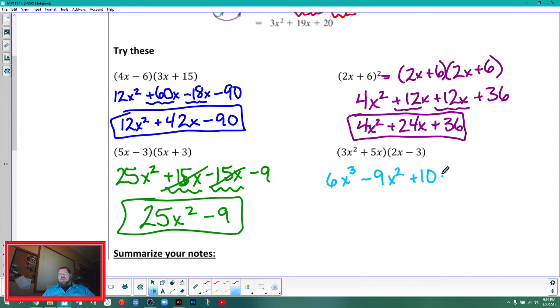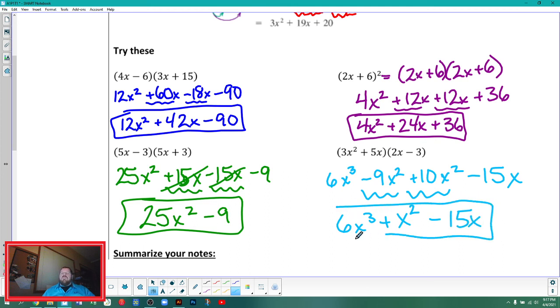X times x is x squared. And last, 5 times negative 3 is negative 15. And there's an x on that one. My inside two terms do combine. My outside terms stay there. Negative 9 and positive 10 looks like a positive x squared. And minus 15x. There we go.